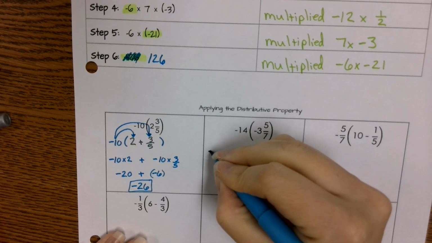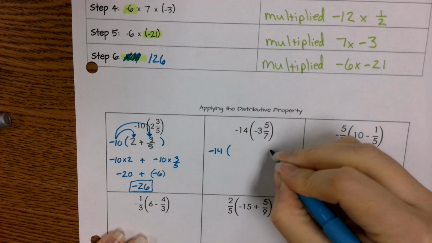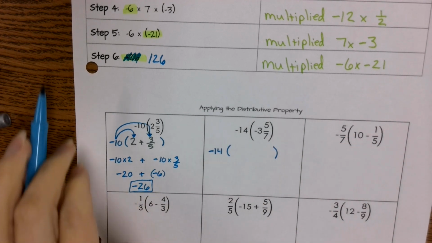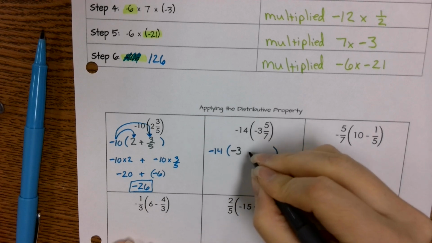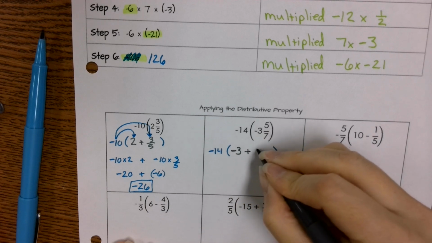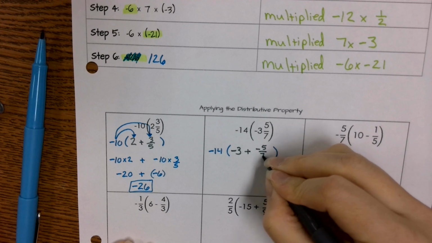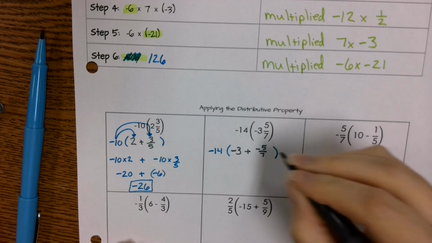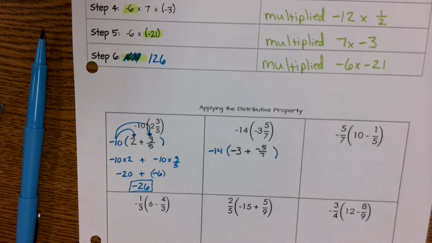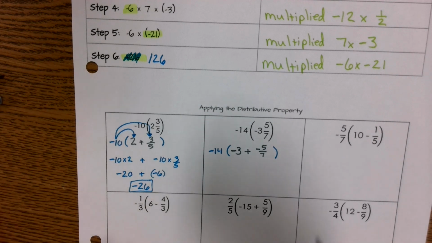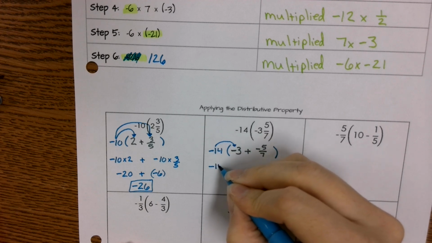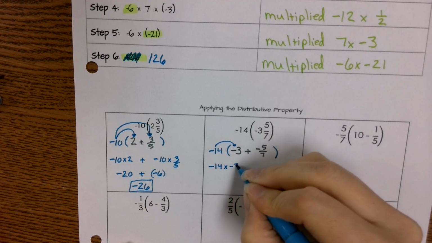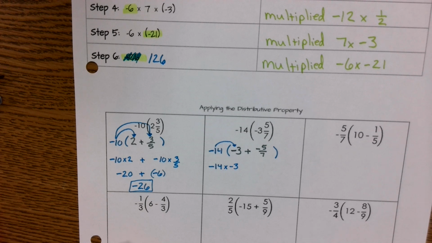If I'm taking this negative 14, and I'm going to split up the negative 3 and 5/7, this is going to become negative 3 plus negative 5/7. Both the 3 and the 5/7 have to be negative in order for the whole thing to be negative. And then I can do my distributive property. So I can multiply negative 14 times negative 3. Remember, a negative times a negative gives us a positive.